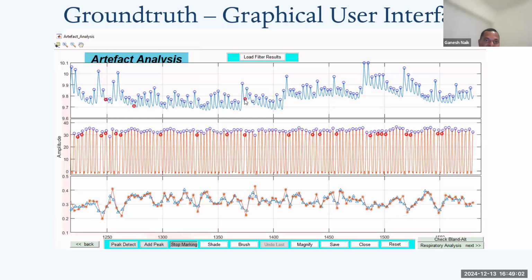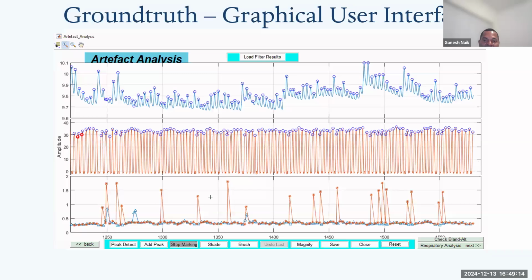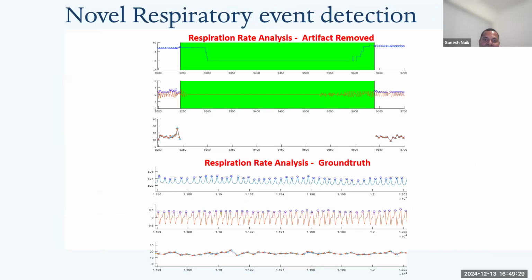So the top one was from our t-shirt, and the bottom was coming from the gold standard polysomnography. We had to match those two signals to get accurate results. Therefore, this ground truth toolbox was developed to do this artifact elimination, to get the clean signal first and then use it for other purposes.